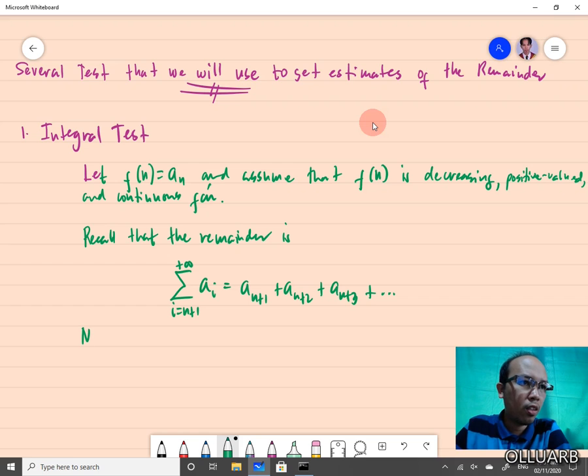Now if we start at x is equal to n plus 1, and we take the rectangles with width 1 and use the left endpoint as the height of the rectangle, we can estimate the area under the function f of x on the interval n plus 1 up to positive infinity.